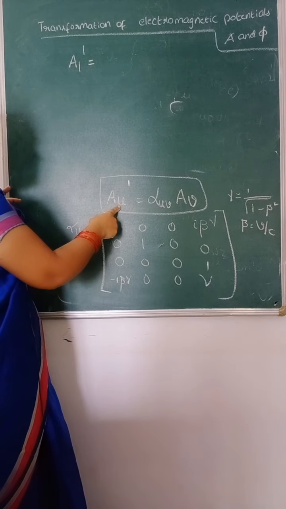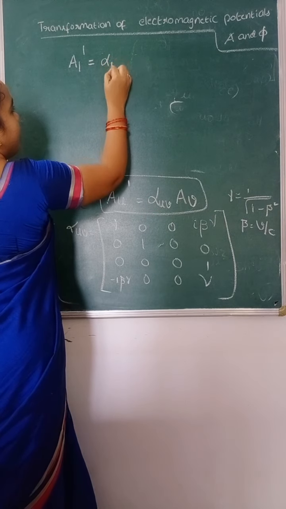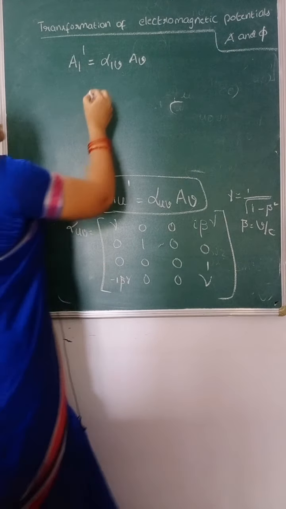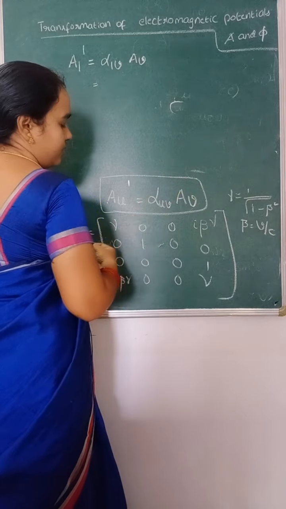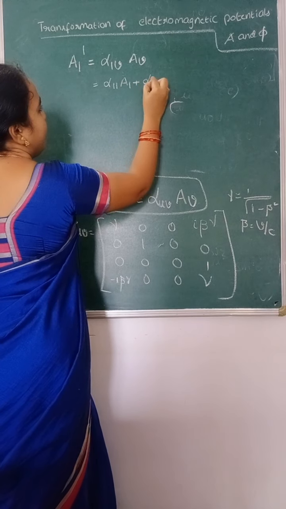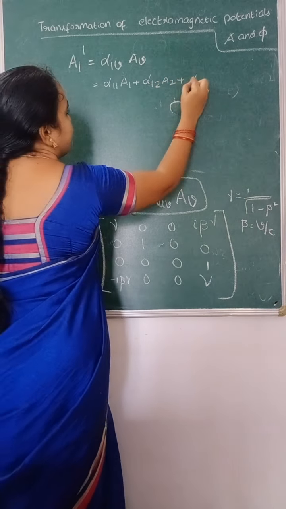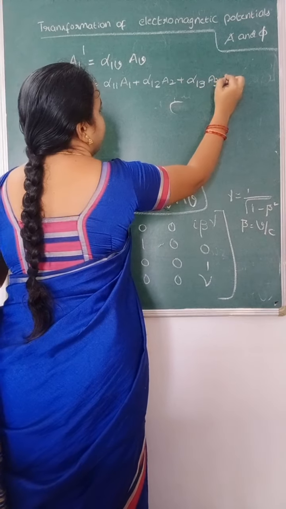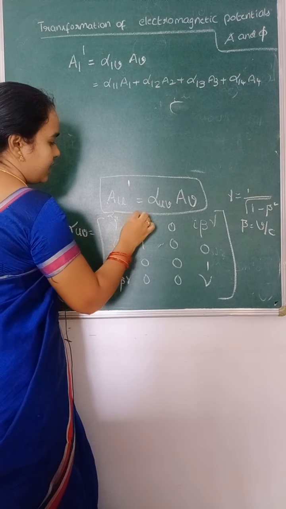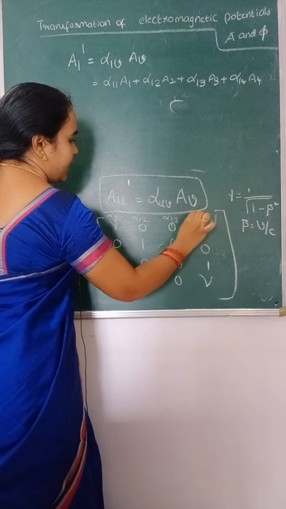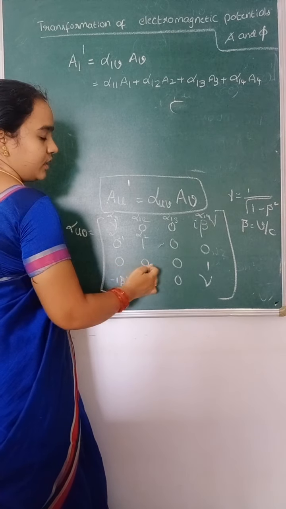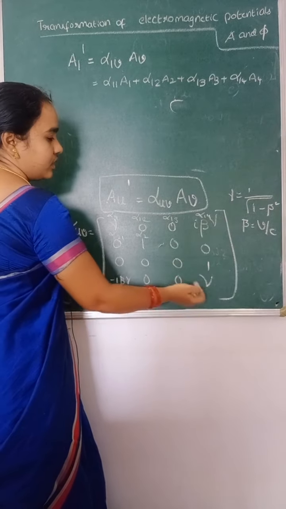A1 dash means in place of u substitute 1, that is alpha 1v into A_v, where v goes from 1 to 4. So alpha 11 A1 plus alpha 12 A2 plus alpha 13 A3 plus alpha 14 A4. The matrix terms are alpha 11, alpha 12, alpha 13, alpha 14, then alpha 21, 22, 23, 24, 31, 32, 33, 34, and 41, 42, 43, 44.